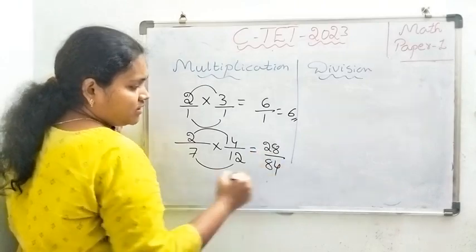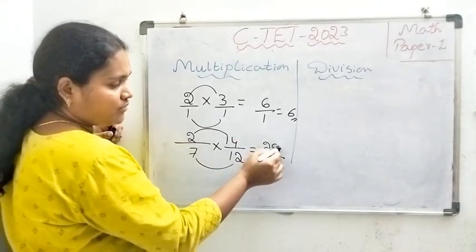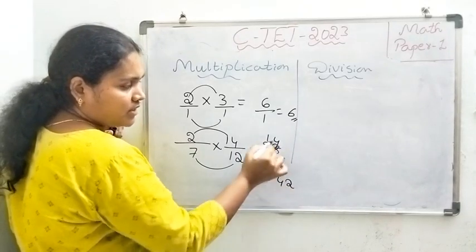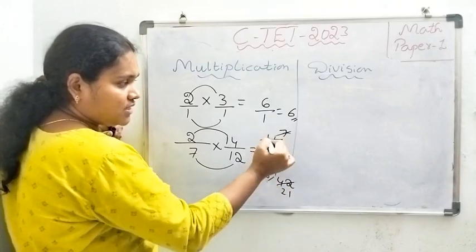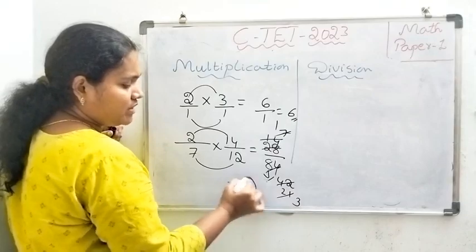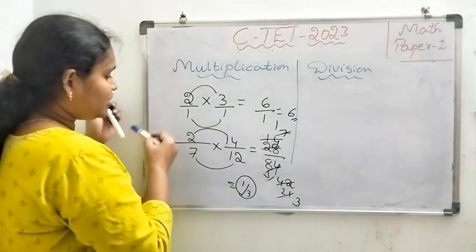sevens are 84. Again this fraction we should convert into least form. So 2 14s are 28 and 2 42s are 84. Again we can cancel, 2 7s and 2 21s. Still we can cancel, 7 1s and 7 3s. So we got simply 1 by 3, right? Without multiplying directly also we can do the same question.